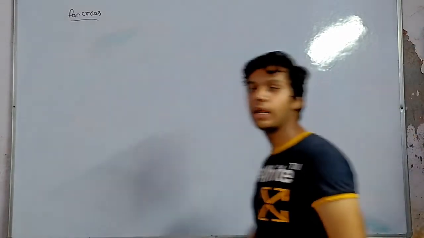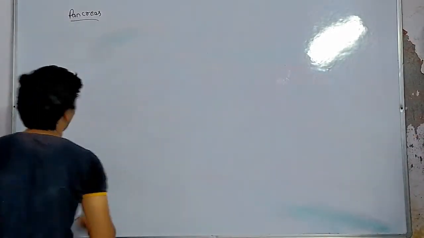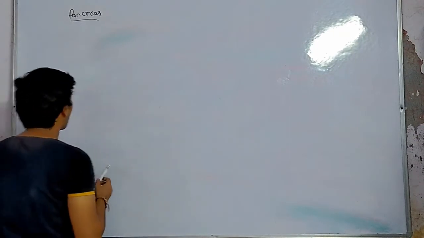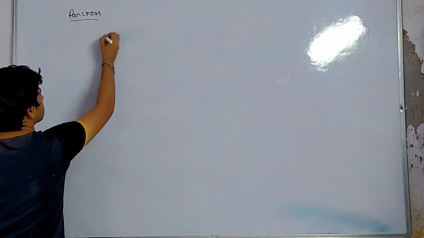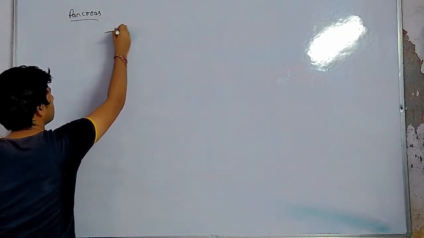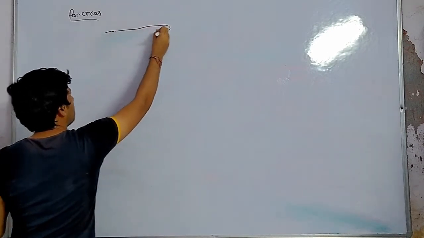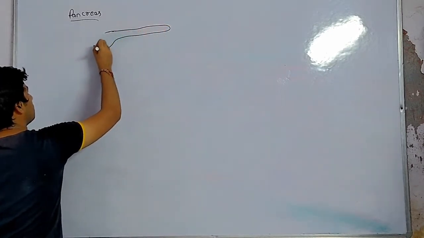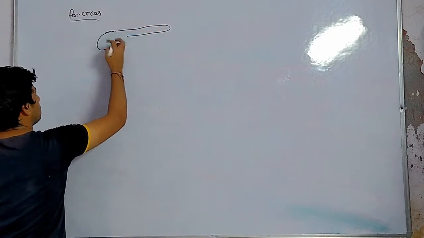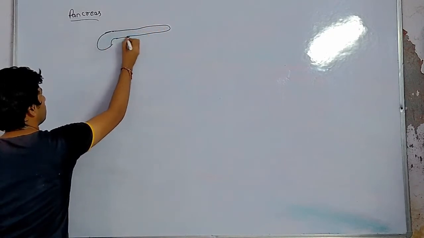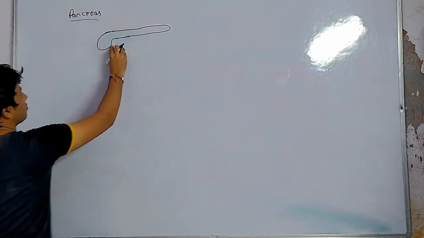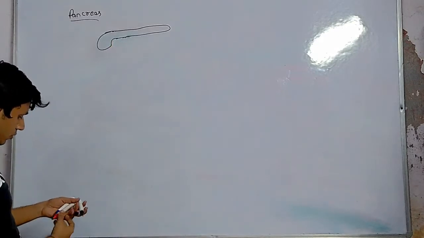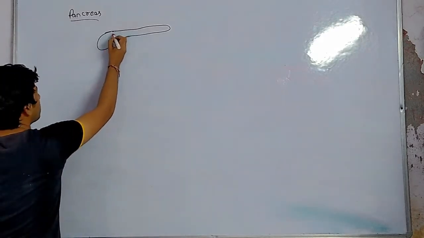Now come to the relations of the pancreas. Anterior, posterior, superior, all parts. So the pancreas is like this. This is the head portion.